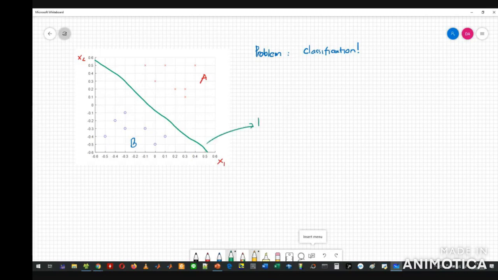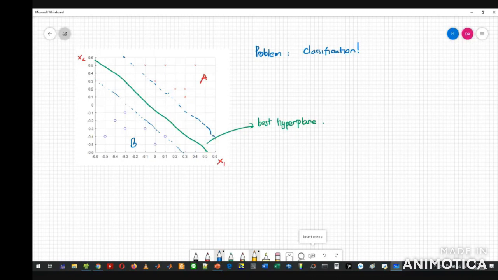This is the best hyperplane that we would like to calculate. So what is meant by best actually? The best in the basics of SVM is when you find the largest, what we call margin.